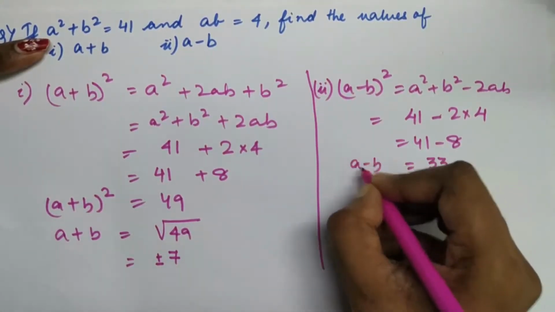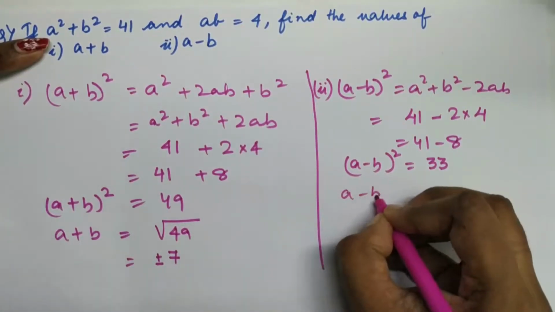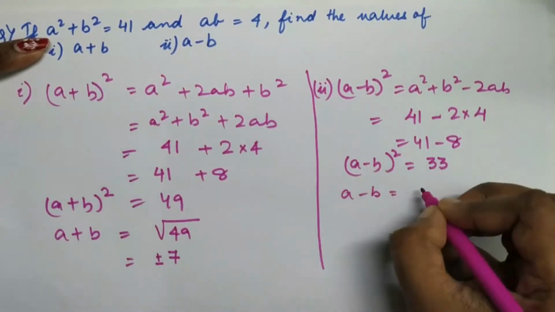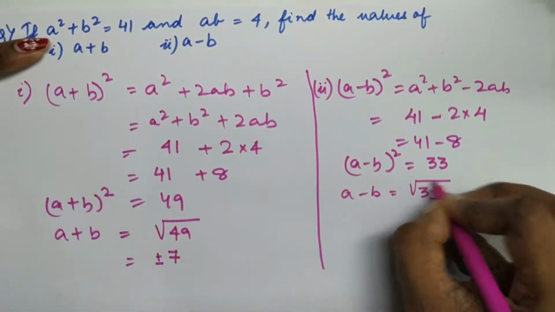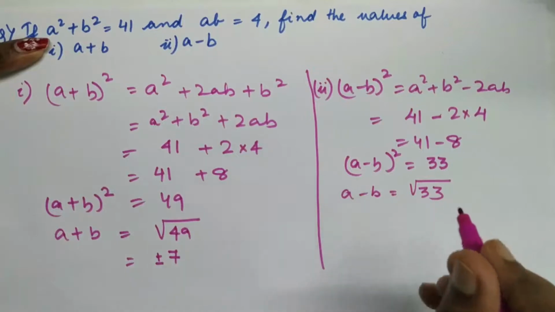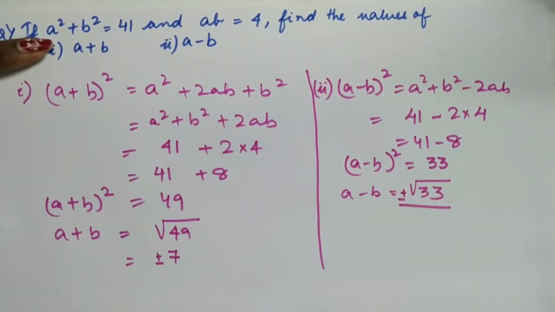So a minus b whole square is 33. When you have to get a minus b, you have to do the square root of both the sides, and we cannot find the square root of this number, so we'll just write root over 33, and we can put a plus minus in front of it because the result can be positive or negative. If you did not find the root, you can just leave the answer as root over 33.